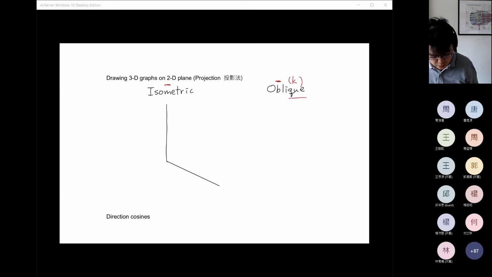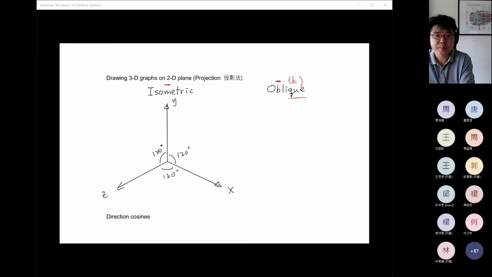Each of them is about 120 degrees apart, roughly. And x, y, z go this way.